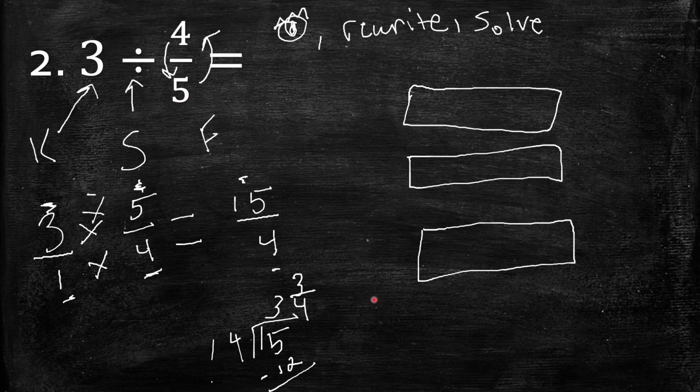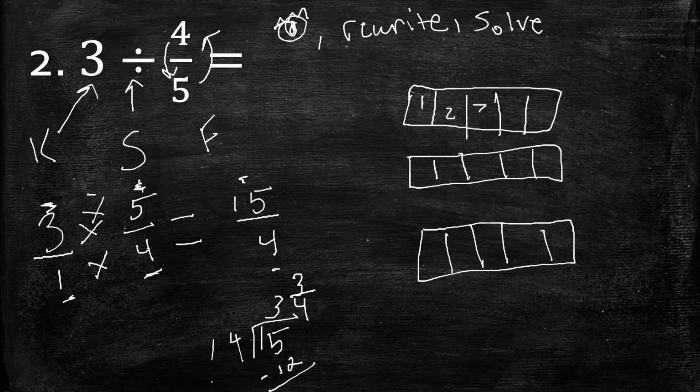So I'm going to split them up into fifths. So I'm going to cut them 1, 2, 3, 4 times to get 5 total slices. 1, 2, 3, 4.